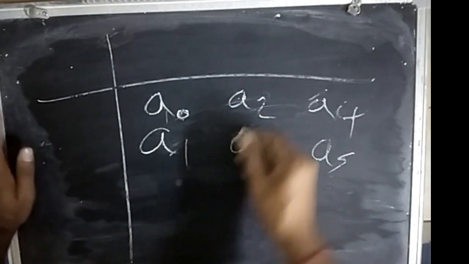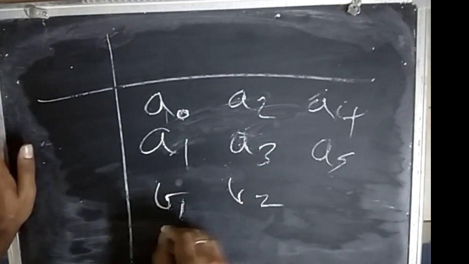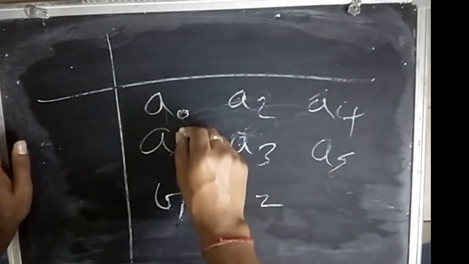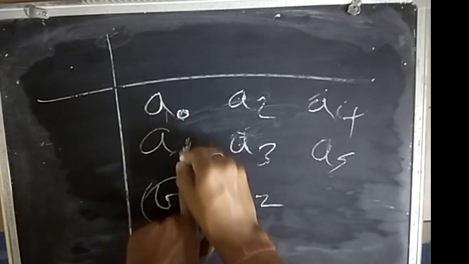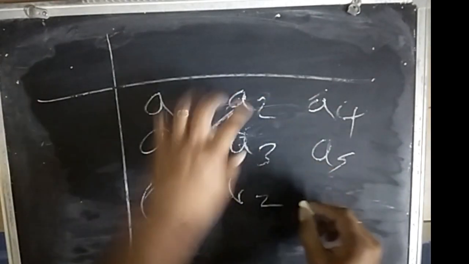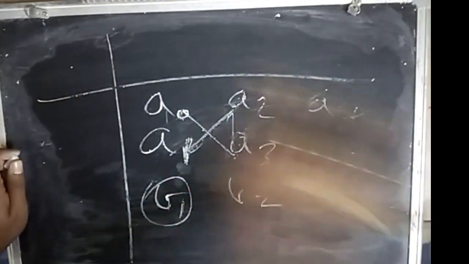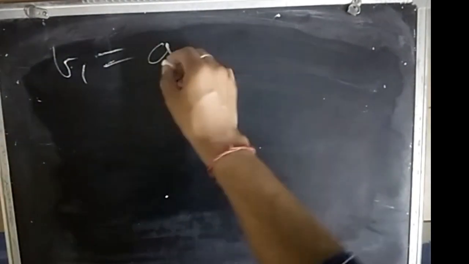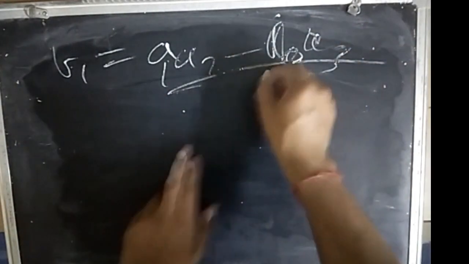So first you need to find the lower things, that is b1, b2. The formula for b1 is like a determinant, but the opposite determinant: this multiplied by this, minus this multiplication. So b1 is A1 A2 minus A0 A3, divided by A1.